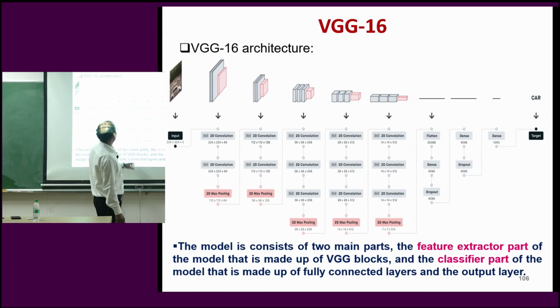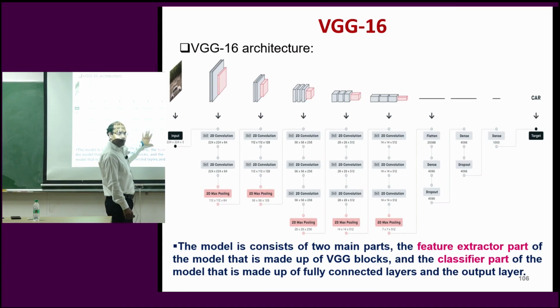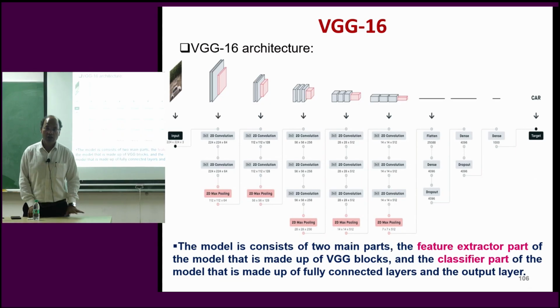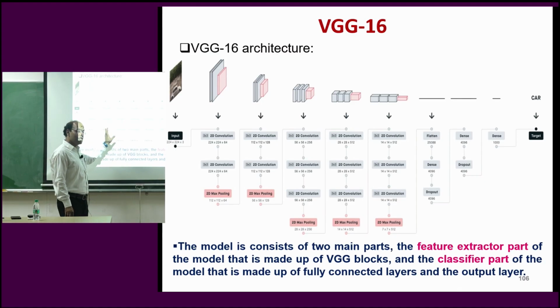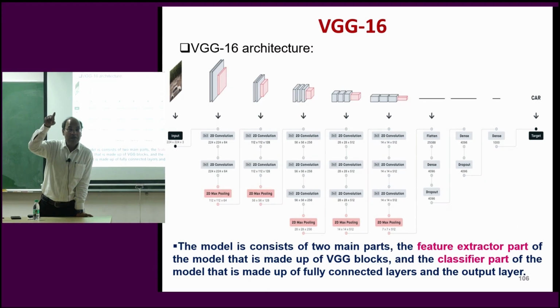Finally you see 256, 512 and 512. The maximum number of filters is 512, don't go beyond that. This was required because the model was trained on the ImageNet dataset, which has millions of images, so it is a very high volume of data.